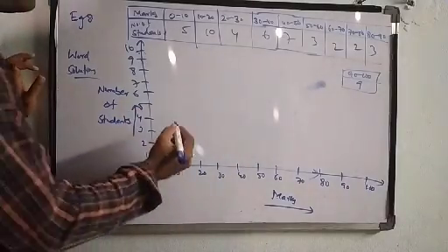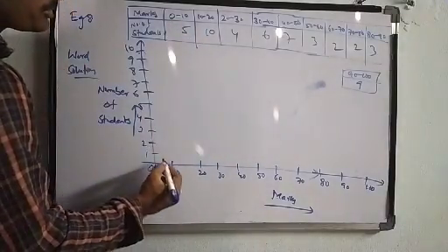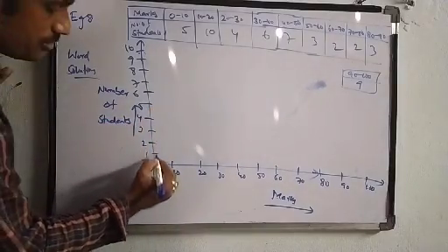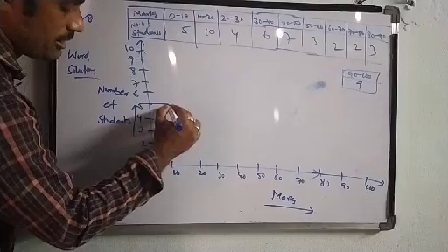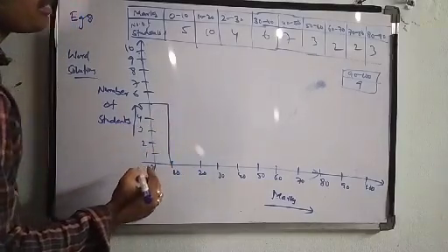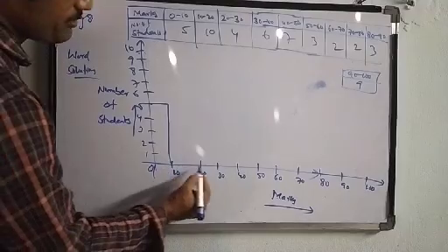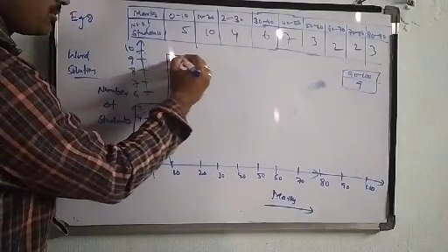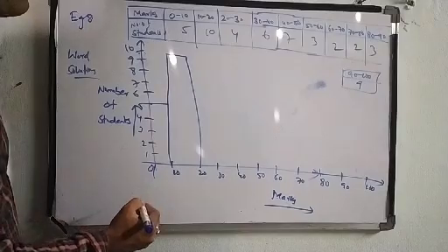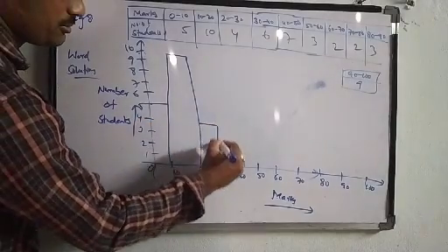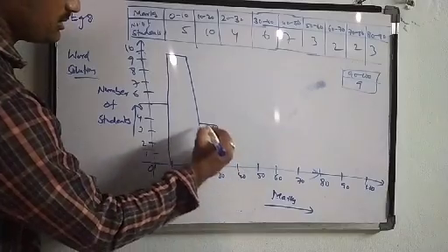Now the first class interval is 0 to 10, so it is 5. So 0 to 10 it is 5, so I can mark it this way. Next 10 to 20, which is 10. And 20 to 30, which is 4. 30 to 40, it is 6.